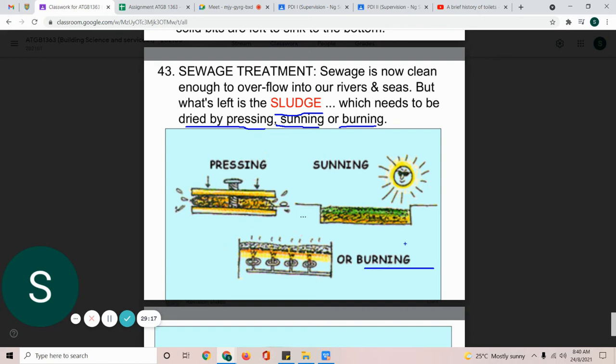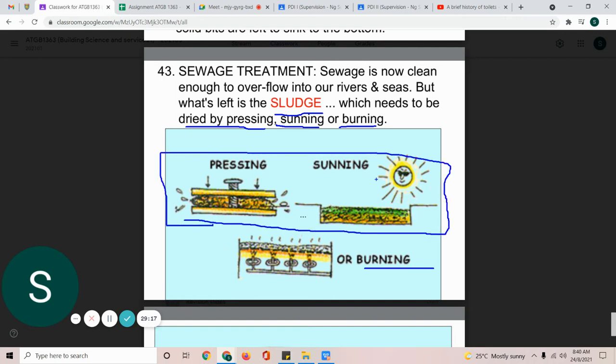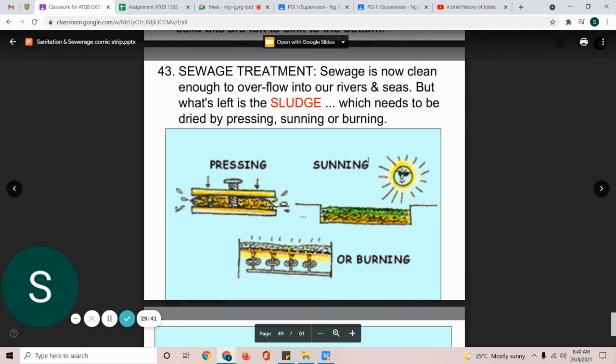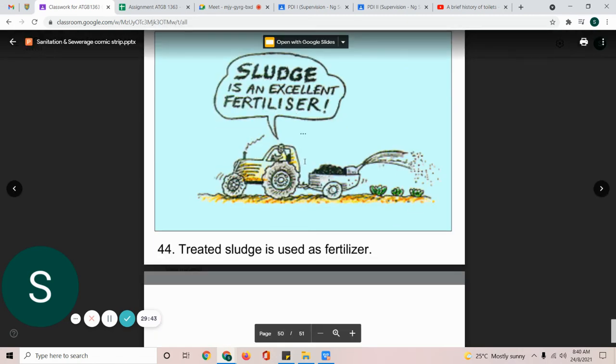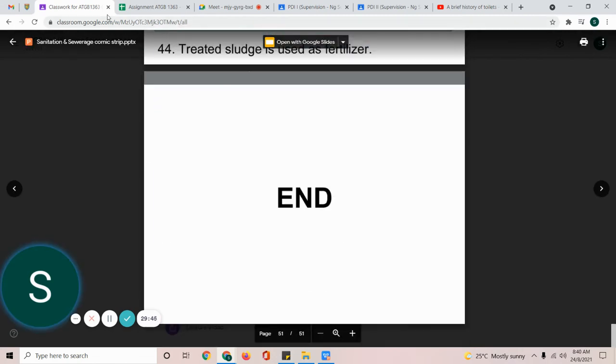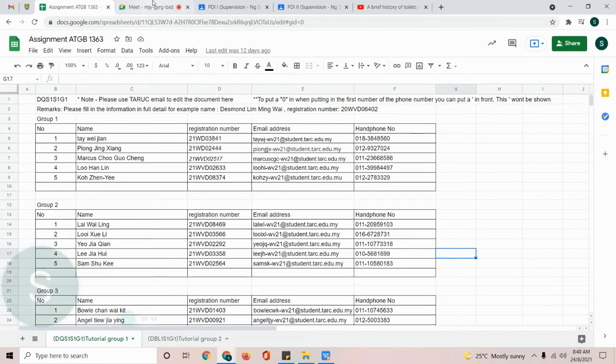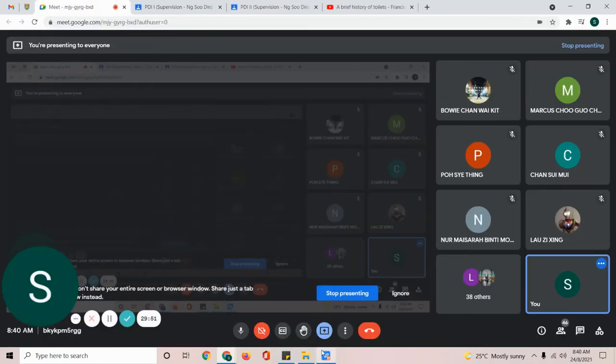So burning, we can use it as a biofuel, or we can press it, dry it, and then this can be later transported to use as a fertilizer. So a short comic strip regarding that.